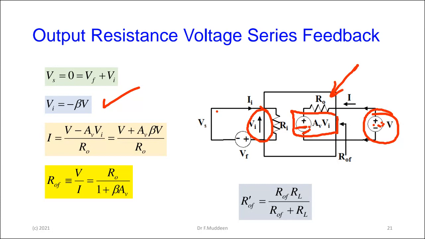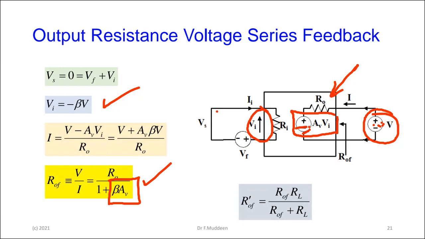And we make the substitutions for V in here, and then we calculate what is V over I. And here's the arrangement, that V over I is the output resistance reduced by the factor beta AV again.